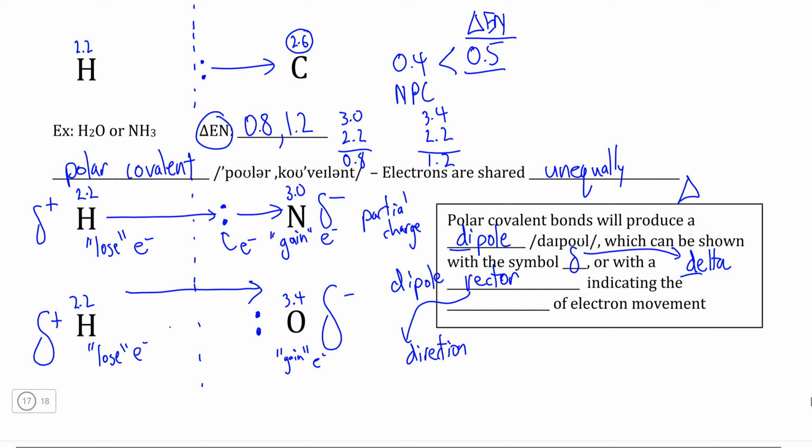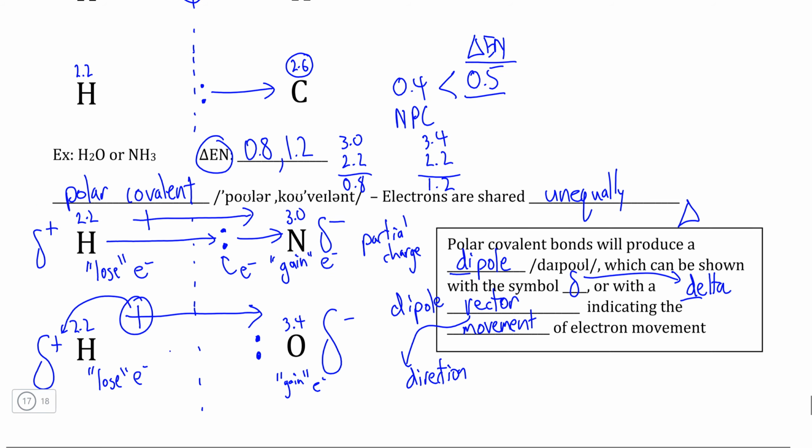So we represent it with an arrow showing the direction where electrons are moving, and then we put a positive sign here to indicate which side is losing electrons. So once again, the dipole vector symbol would look like this. And again, this is simply meant to indicate the movement of electrons.